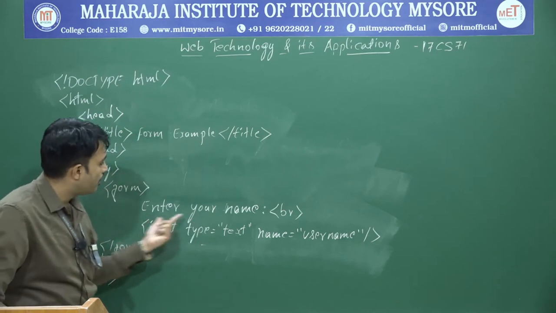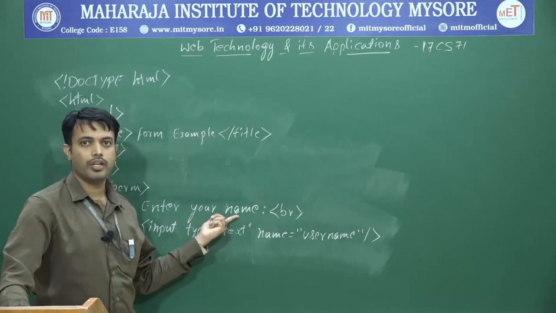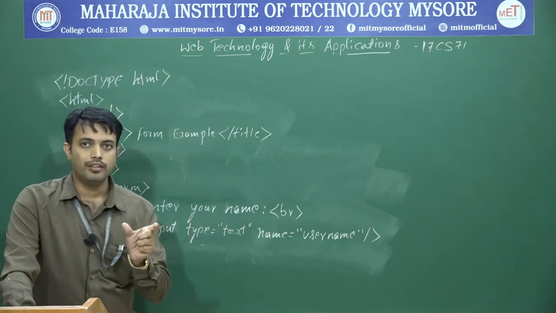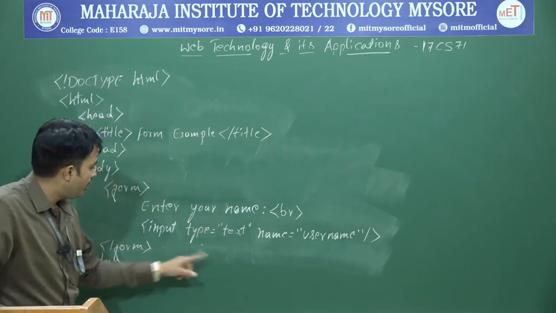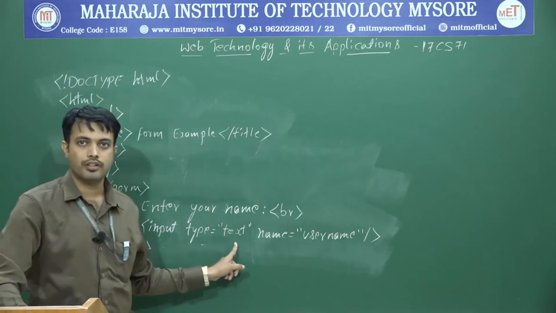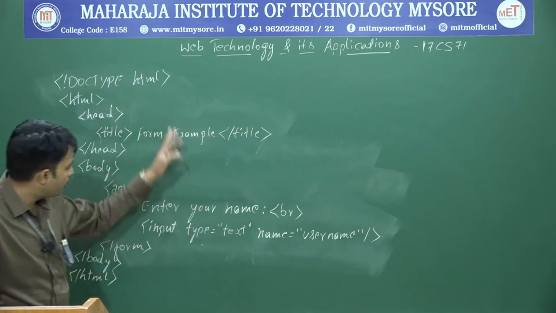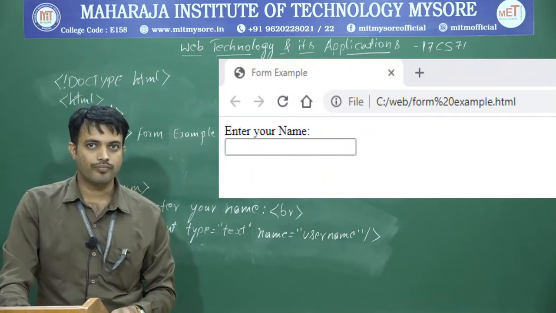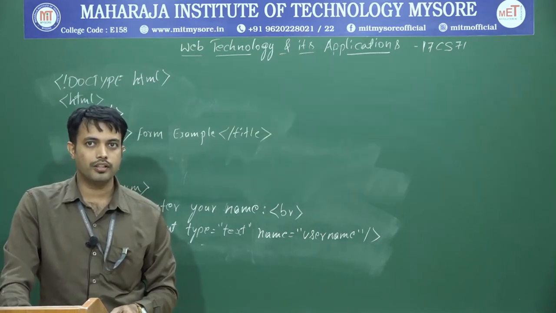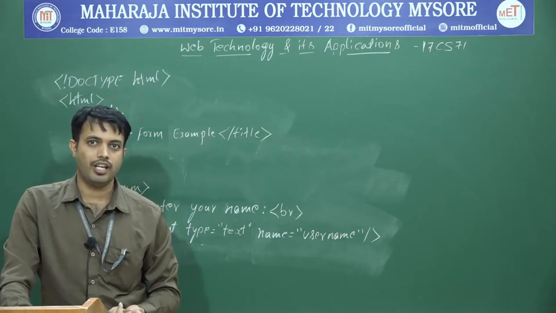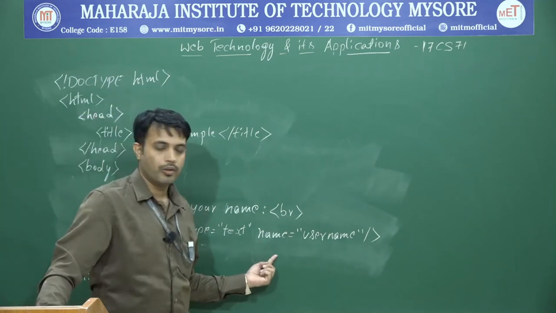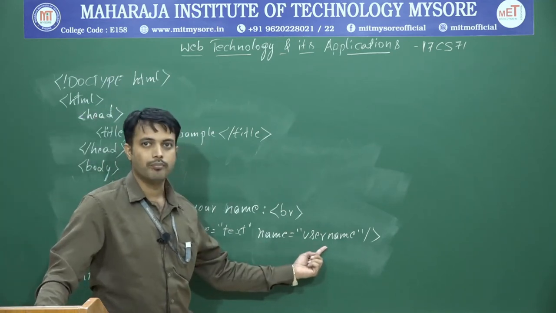The text 'enter your name' will appear in the web page, followed by input type equal to text. If I run this program, you can notice that in the output there is a text box, the area provided for the user to enter his name. Now what about this name equal to username?